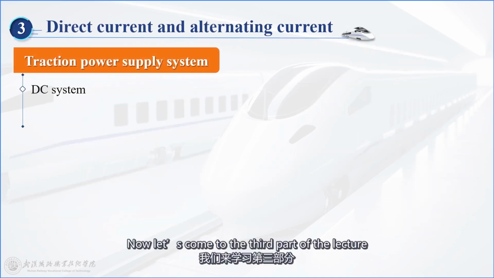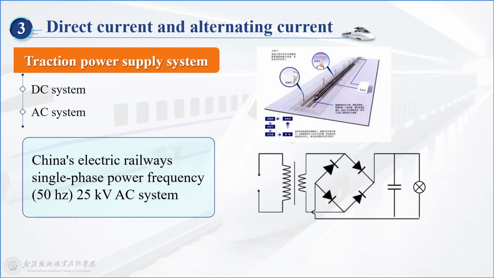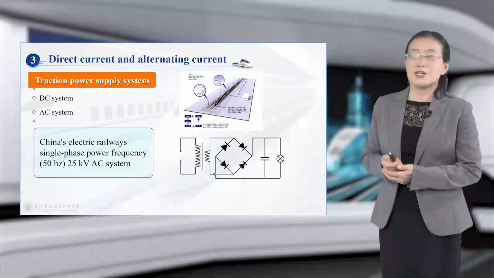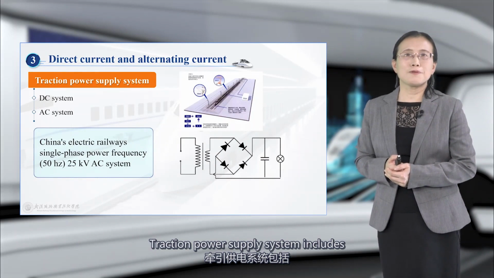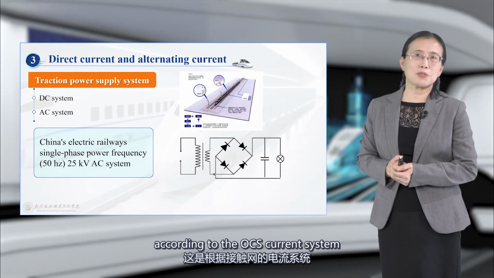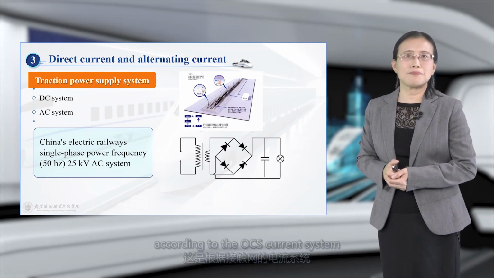Now let's come to the third part of the lecture: direct current and alternating current. Traction power supply system includes DC system and AC system according to the OCS current system.